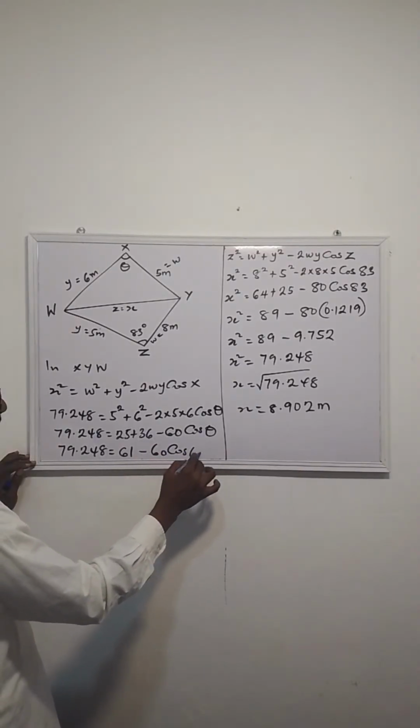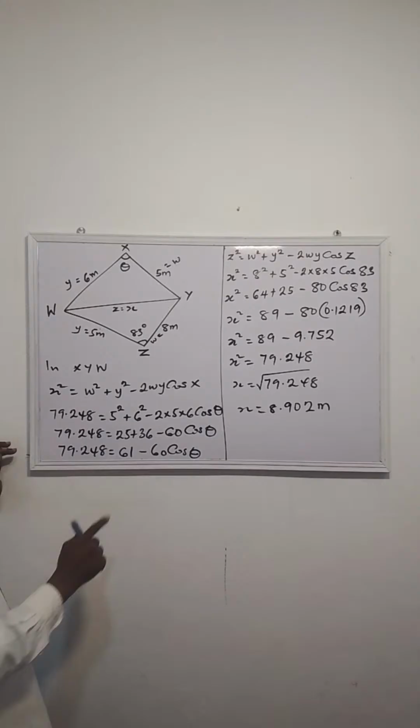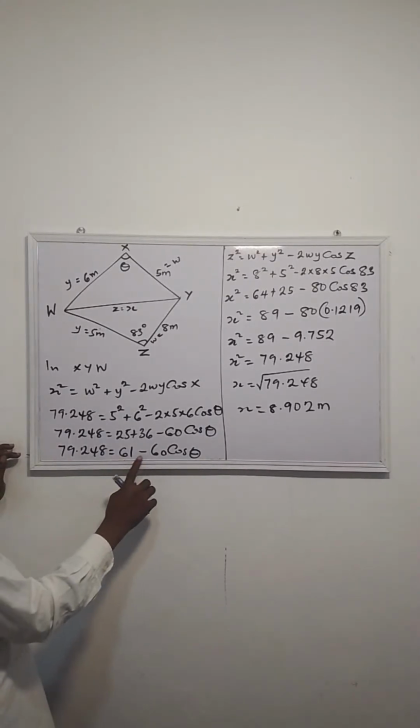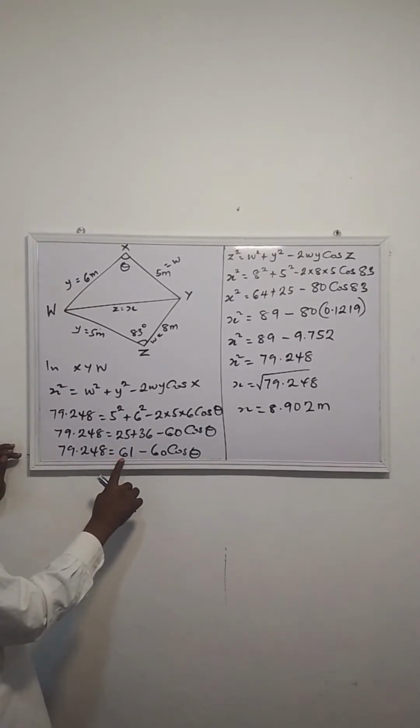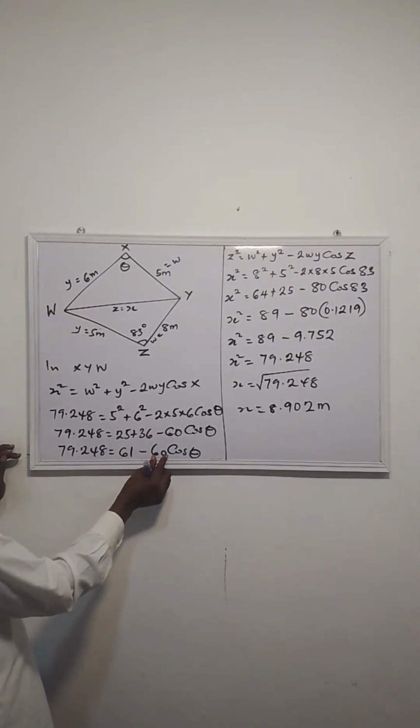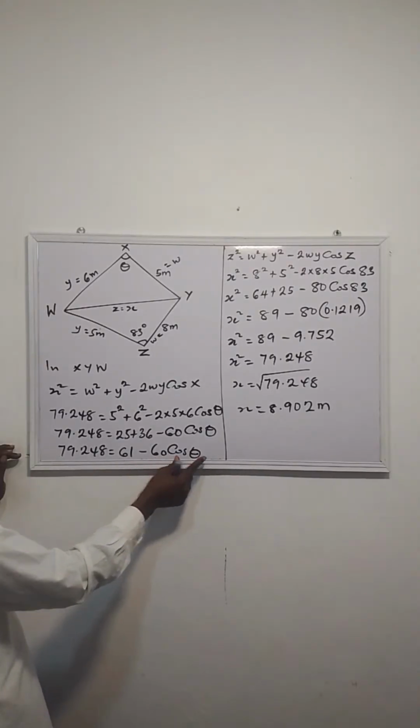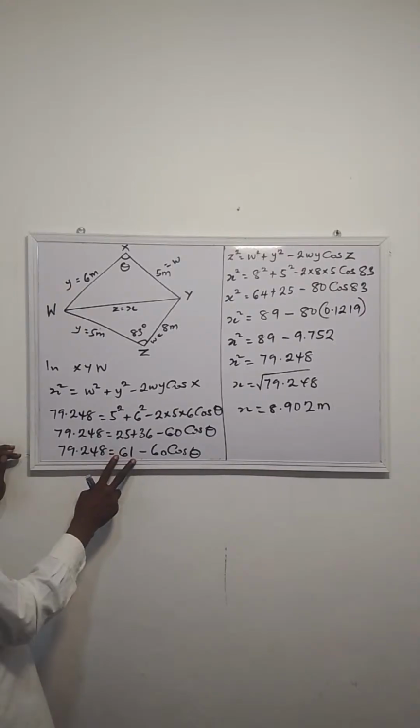Okay, so be careful, you cannot subtract this from this. You can't, because this 60 is attached to cos. So what we are going to do here is collect the like terms, so we transpose 61.